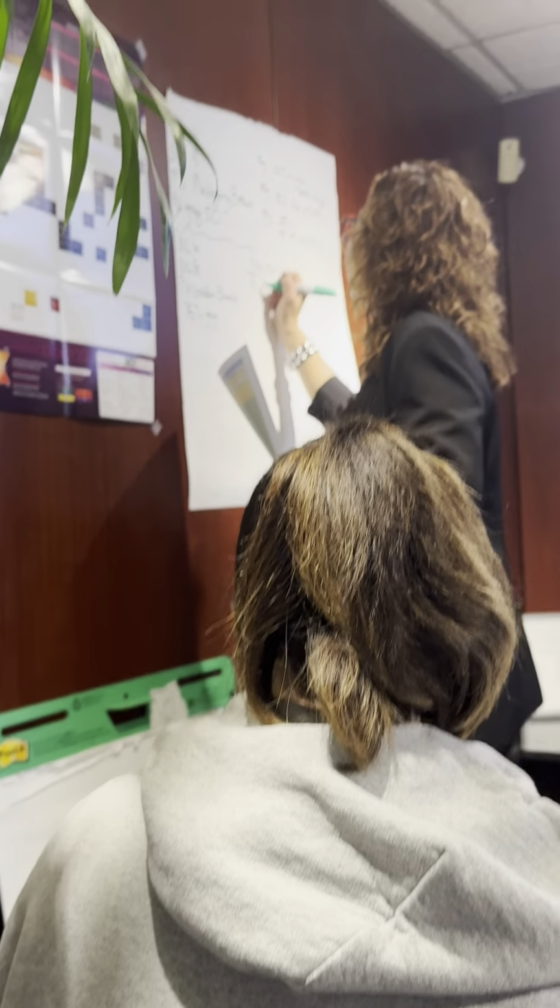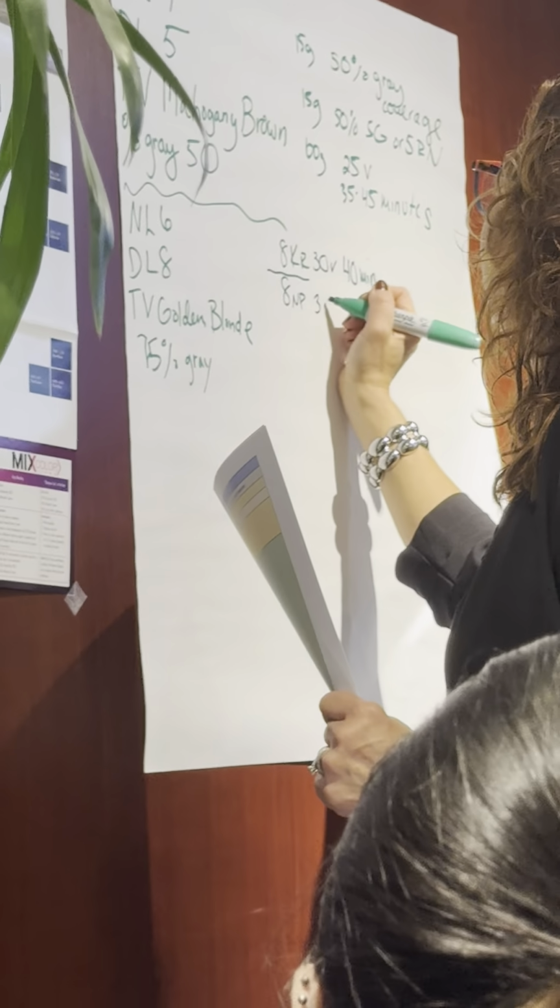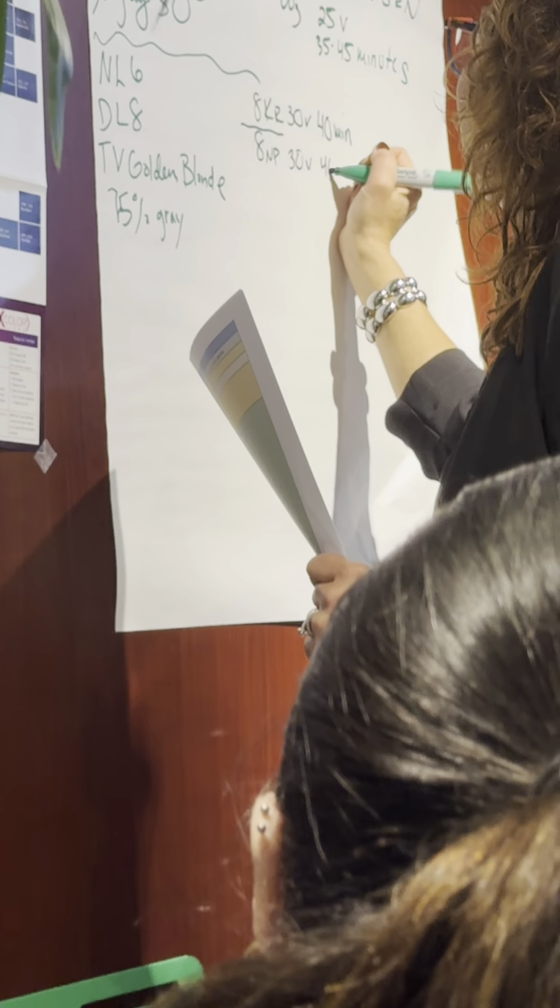I put 8NP and 30 vol. That's great too. It has yellow in it. So she's getting gray coverage and yellow using the NP.